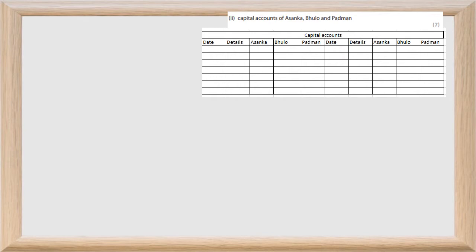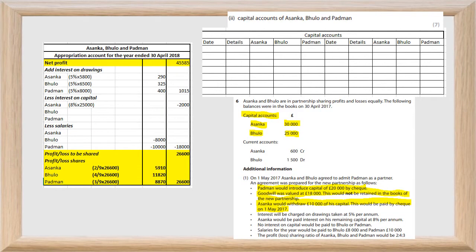Part 2 of B asks us to prepare the capital accounts for the 3 partners. It's just a simple ledger account. Now let us start entering relevant figures. The capital account consists of long-term capital transactions. This means all opening capital balances, goodwill changes, and additional capital investments will be recorded here. Let us identify this information from the question.